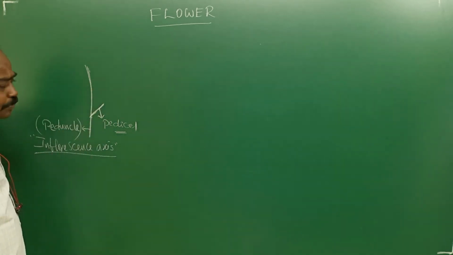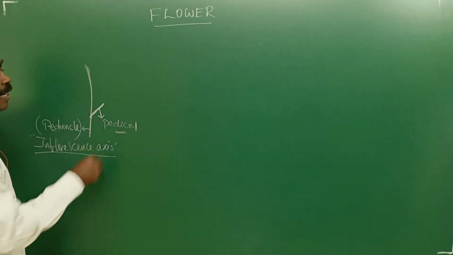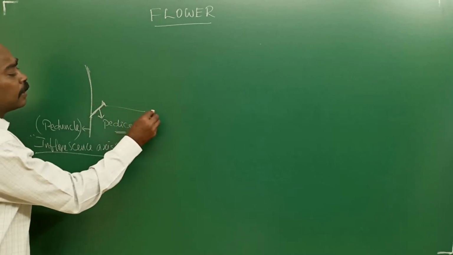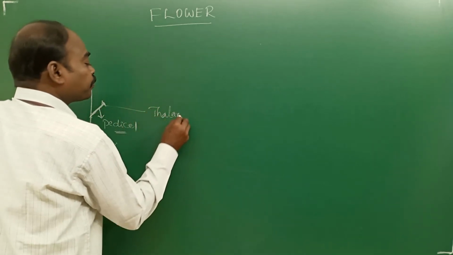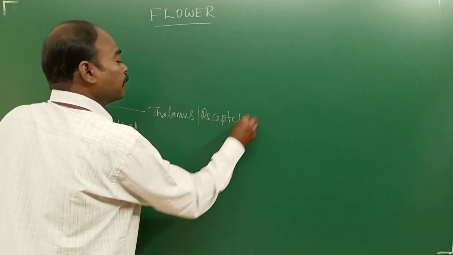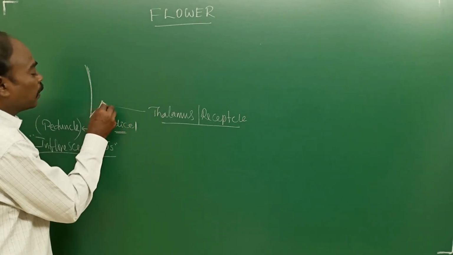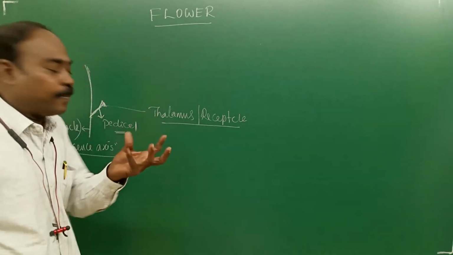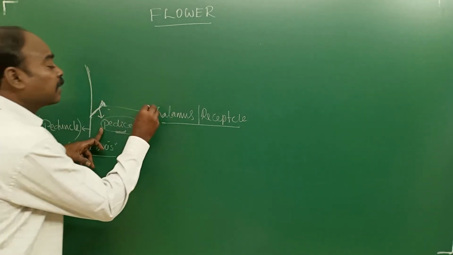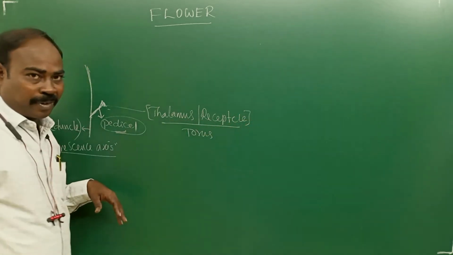On the pedicel, that is the stalk of the flower, the condensed tip of the pedicel is called thalamus or receptacle or torus also.